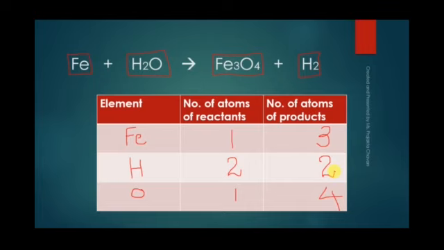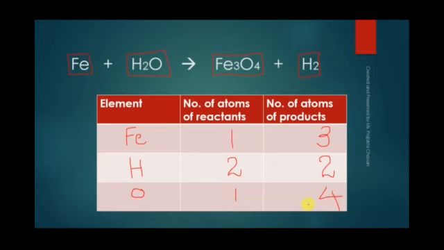In our third step, we are actually going to balance the number of atoms in the reactant and in the product side. I hope you all remember we are going to start by balancing with the highest number. Good. So here as you can see the greater number is 4. So we will first start by balancing oxygen. Here it is 4 for the product side, 1 for the reactant side.